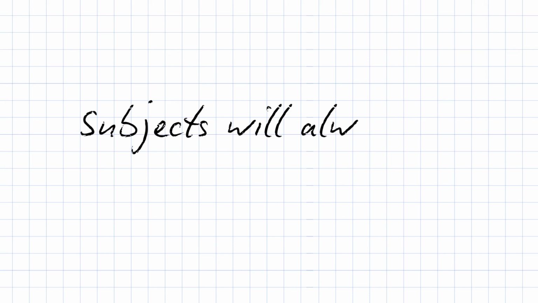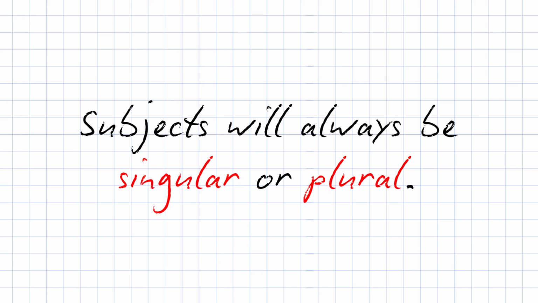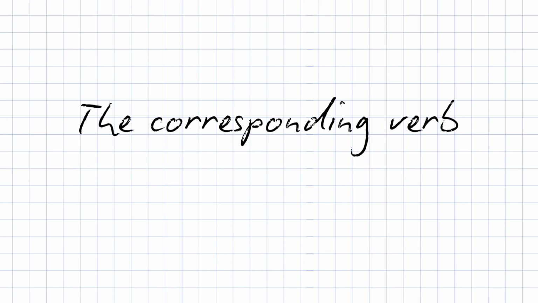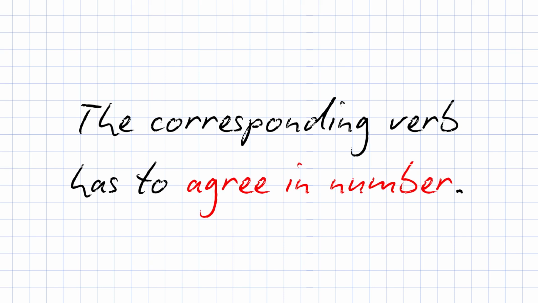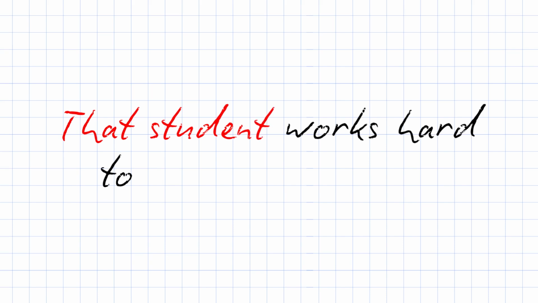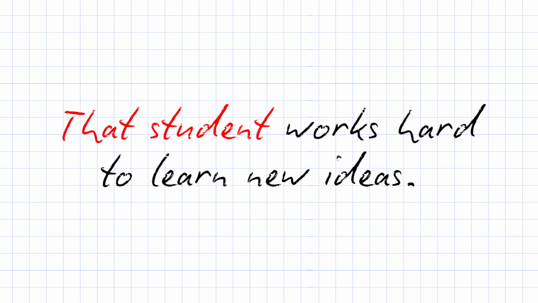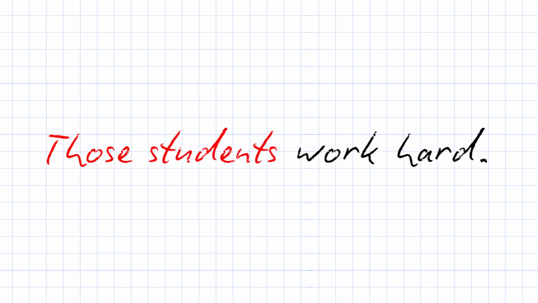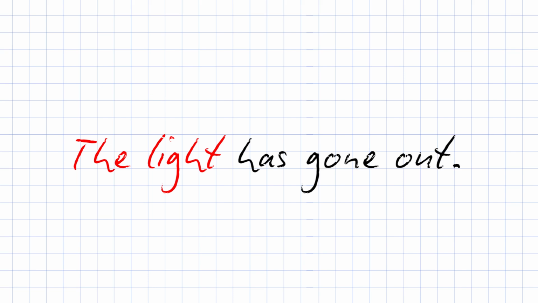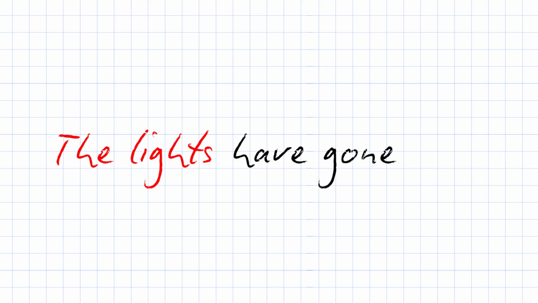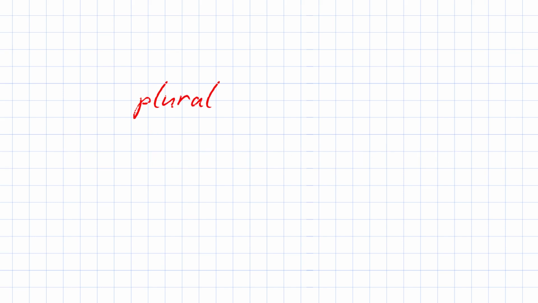Subjects will always be singular or plural, and the corresponding verb has to agree in number. For example, that student works hard to learn new ideas. Singular. Those students work hard. Plural. The light has gone out. Singular. The lights have gone out. Plural.